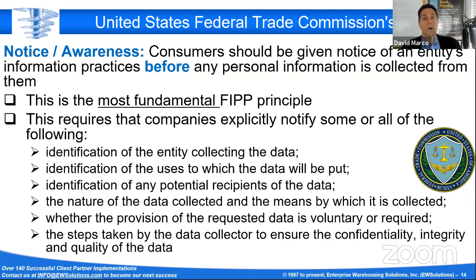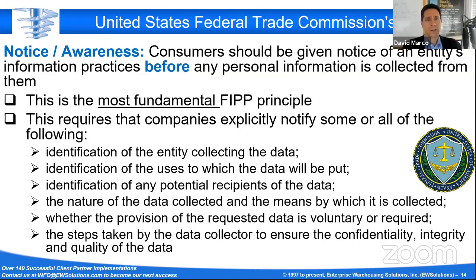And it really requires that companies explicitly notify some or all of the following: the identification of the entity collecting the data. So you can't pretend to be Microsoft if you're really Microswift. You have to identify the use that data is being used for.